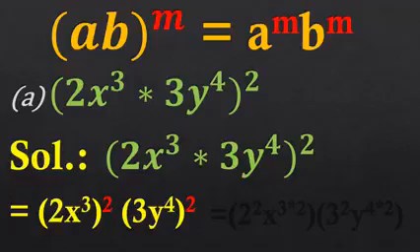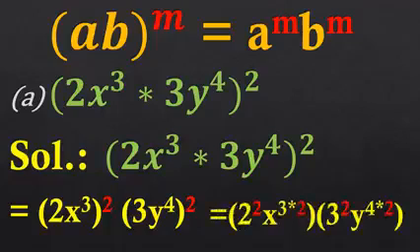Then simplify. Again, we will distribute the second power. Okay, ilalagay natin or ibibigay natin sa bawat term na nasa loob ng parentheses. So the square of 2x cubed times square of 3y to the 4th power is also the same as 2 squared x cubed times 2 times 3 squared times y 4 times squared.